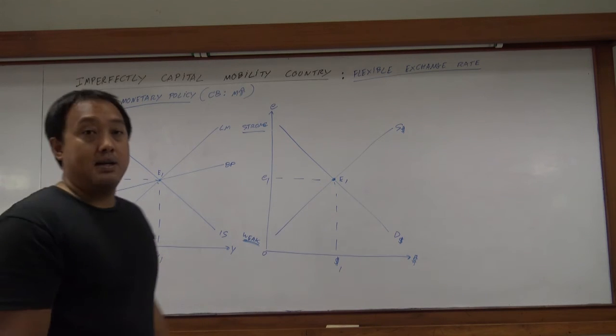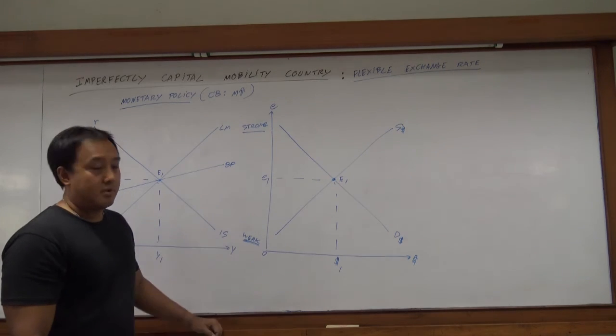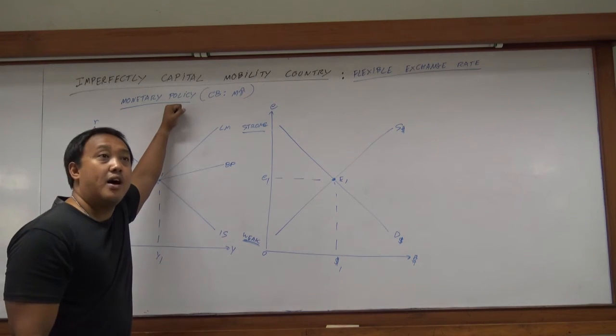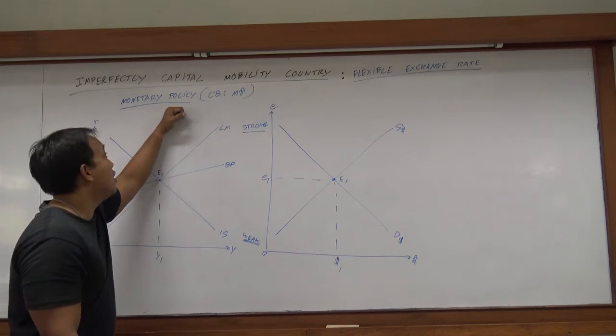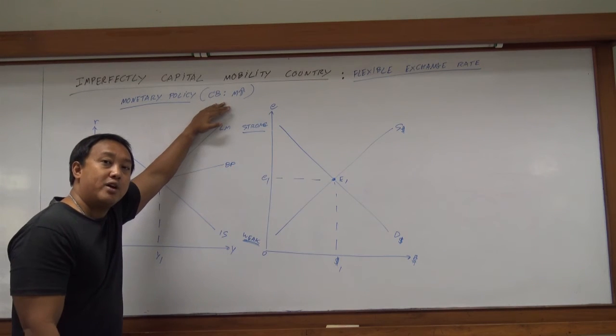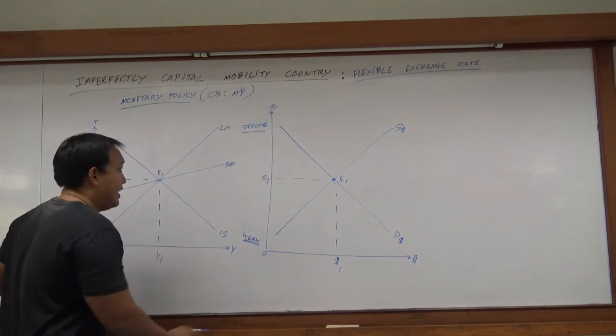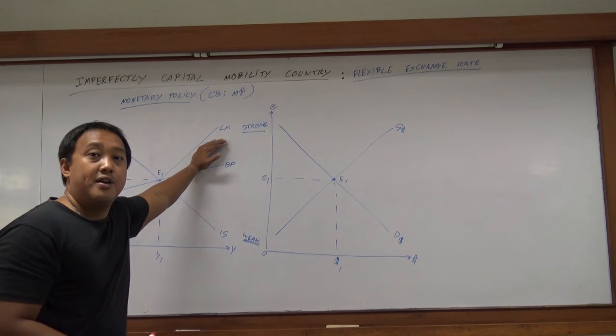So far so good? So this is the case where the central bank uses monetary policy to stimulate the economy. The central bank can increase M, injecting more money into the economy. If the central bank does this, we're going to have a positive effect on the LM curve.